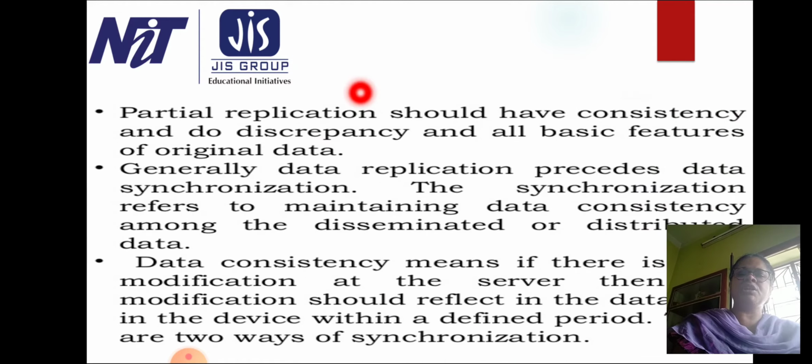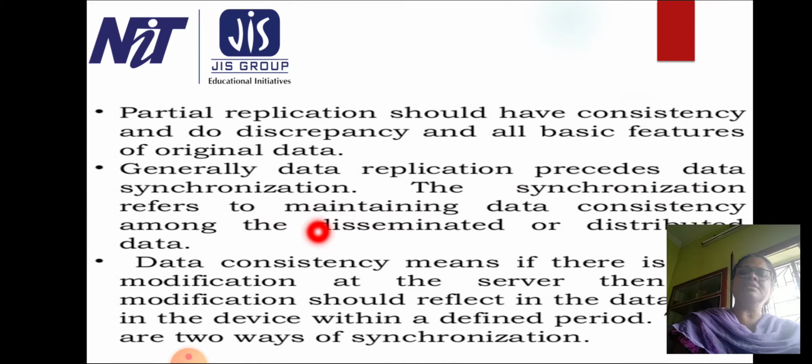Partial replication should have consistency and no discrepancy, and all the basic features of the original data. Generally, data replication precedes data synchronization.